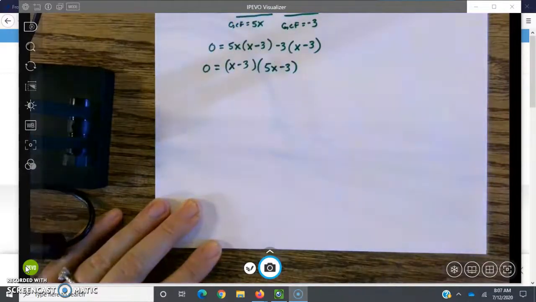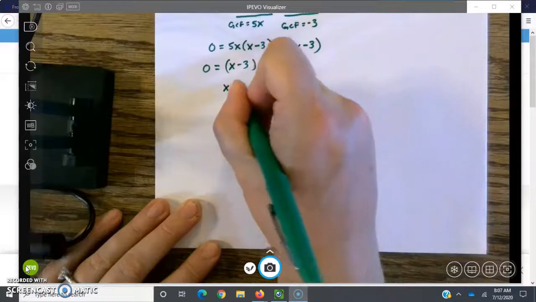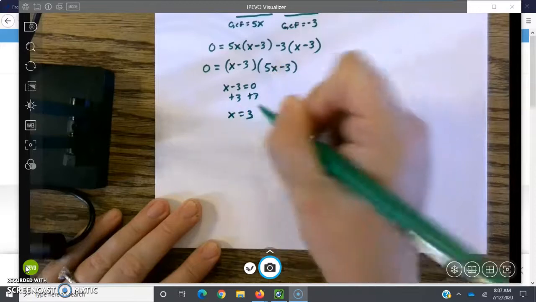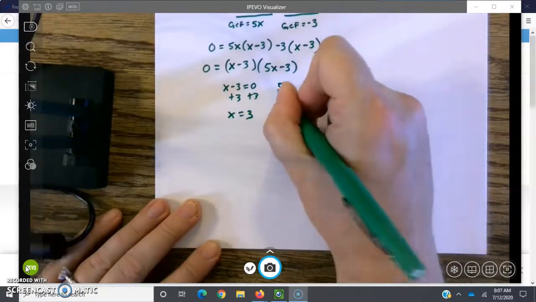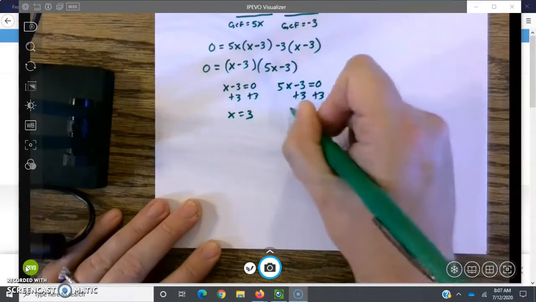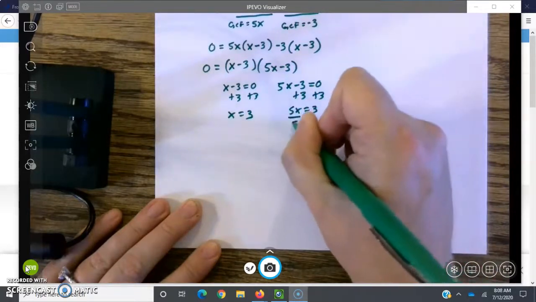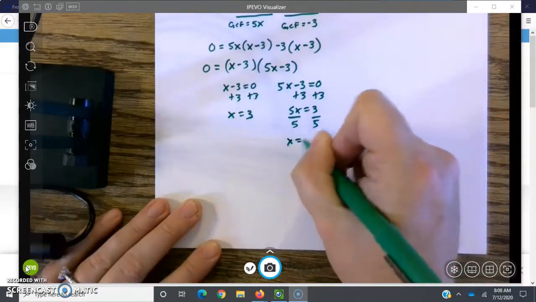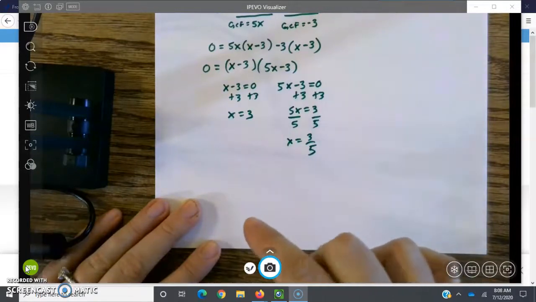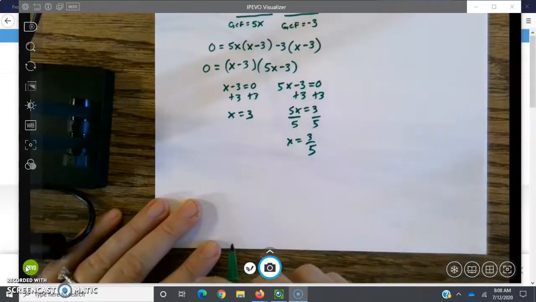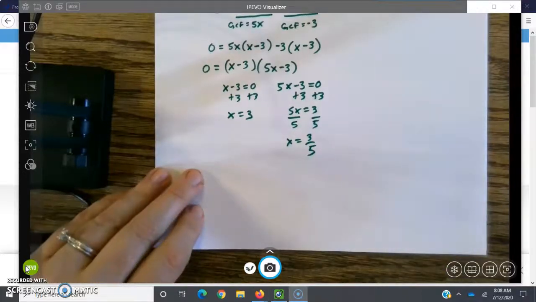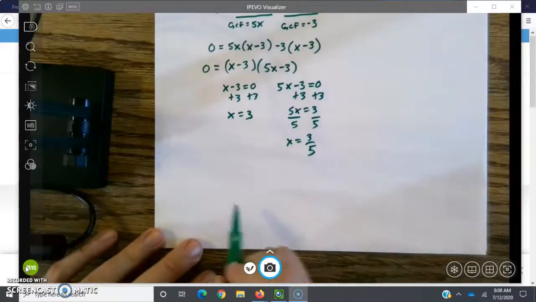So if we set each one of these equal to 0, we're going to get x minus 3 is 0, so x is 3, or 5x minus 3 is 0, so x is 3/5. Okay, so those are our critical values that we're going to look at as we continue solving this inequality.